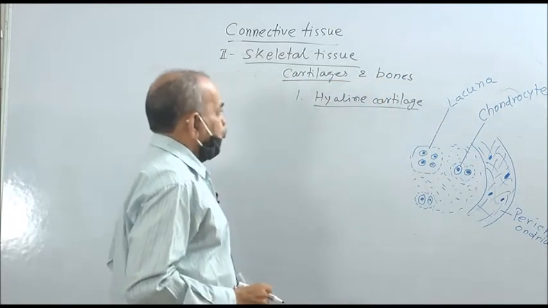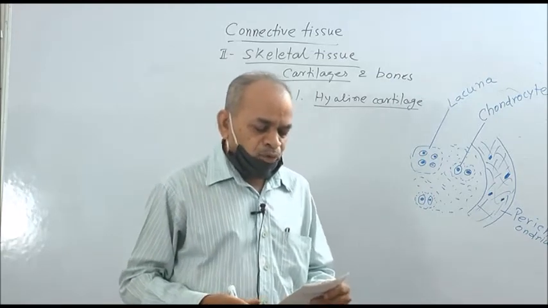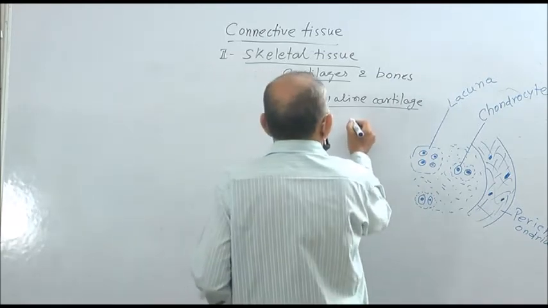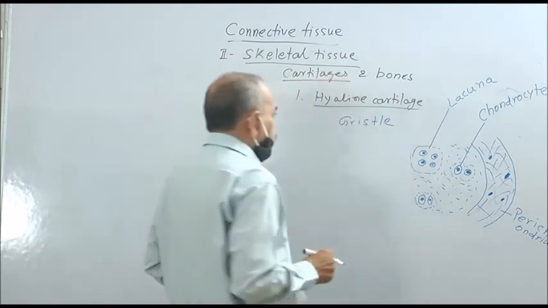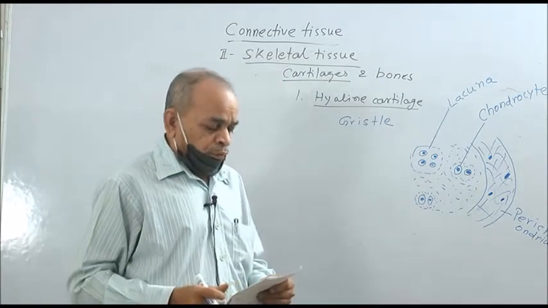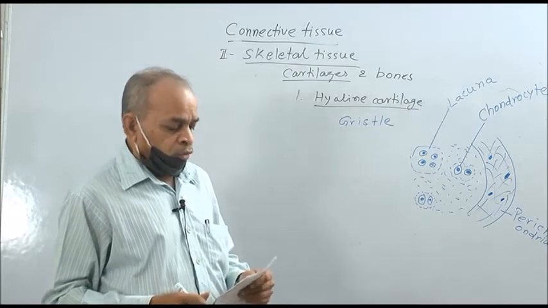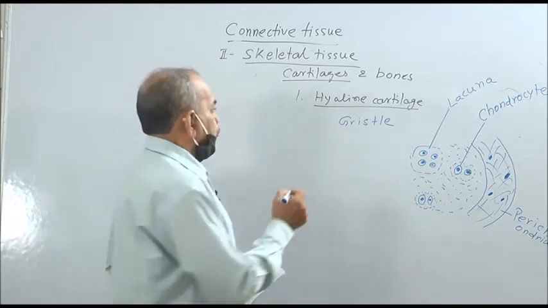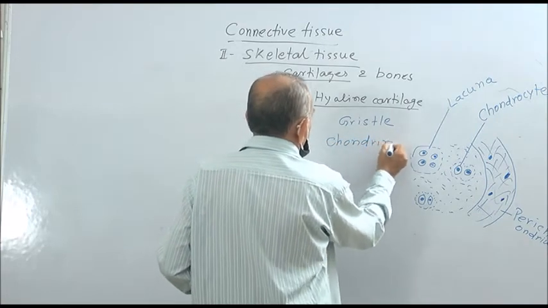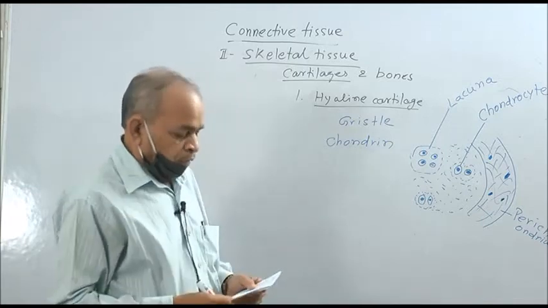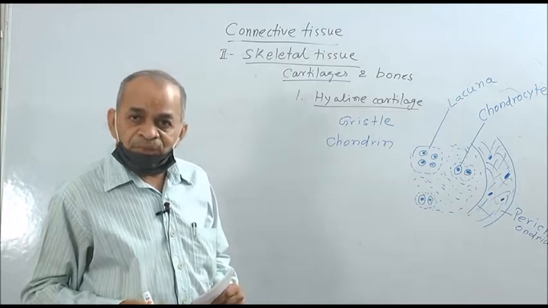So this is hyaline cartilage. It is popularly known as gristle. Its cheese-like matrix consists of chondrine, containing a delicate network of collagen fibers.